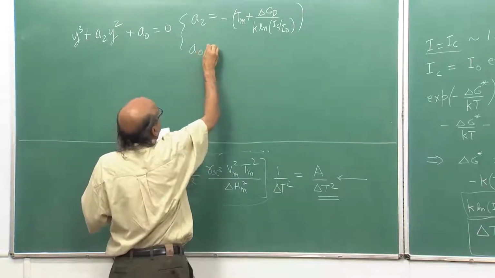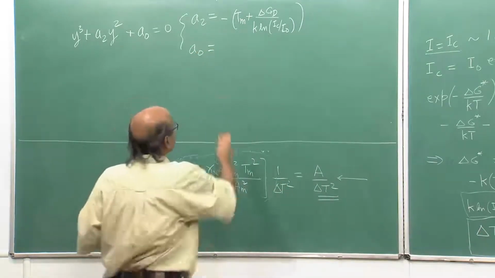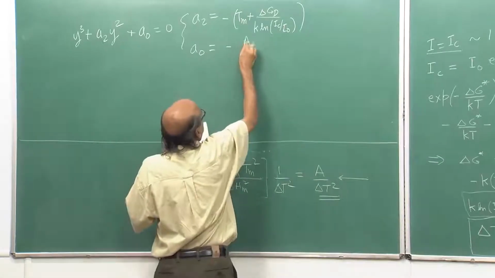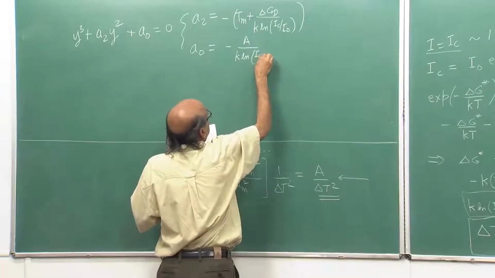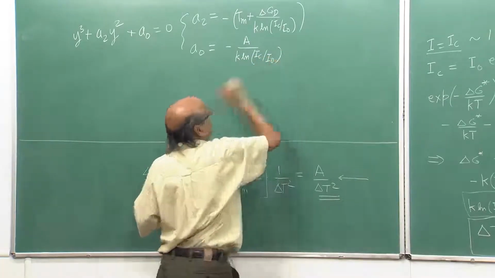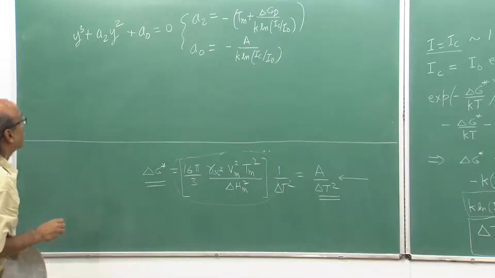Similarly, a0 is minus A upon k ln IC upon I naught.